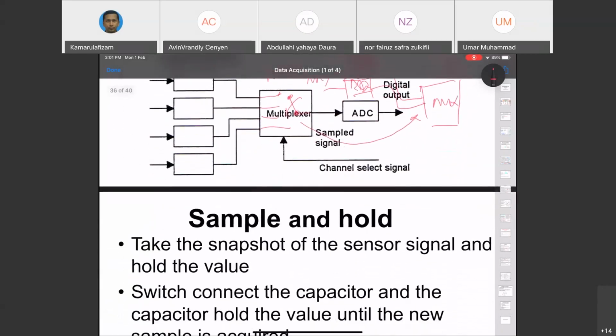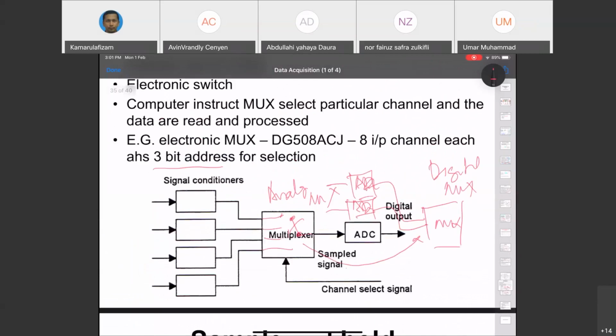Doctor, which is better for the multiplexer, the analog side or the digital side? Thank you very much for the question. The problem with an analog system is noise, basically.